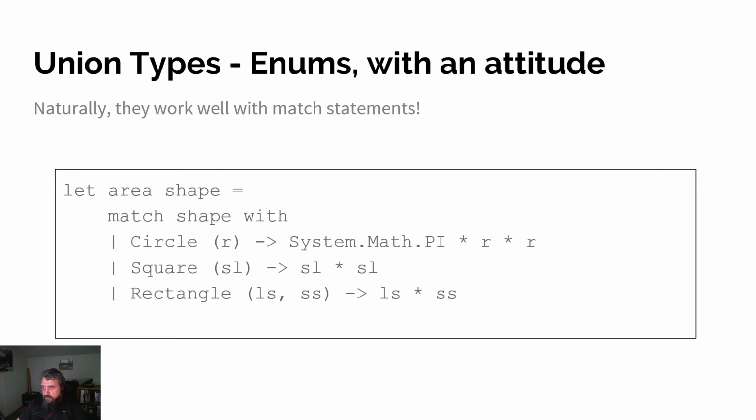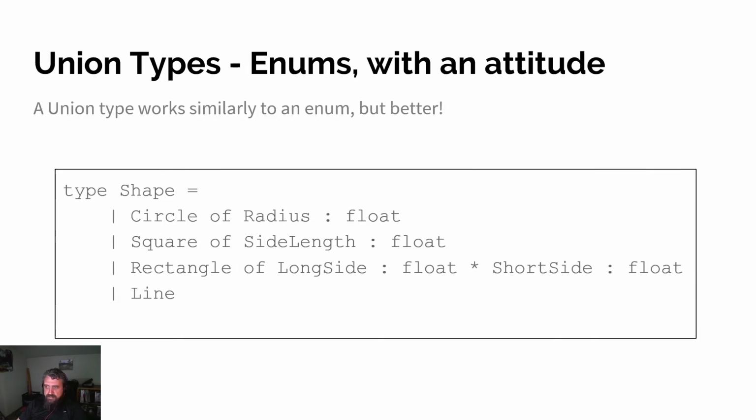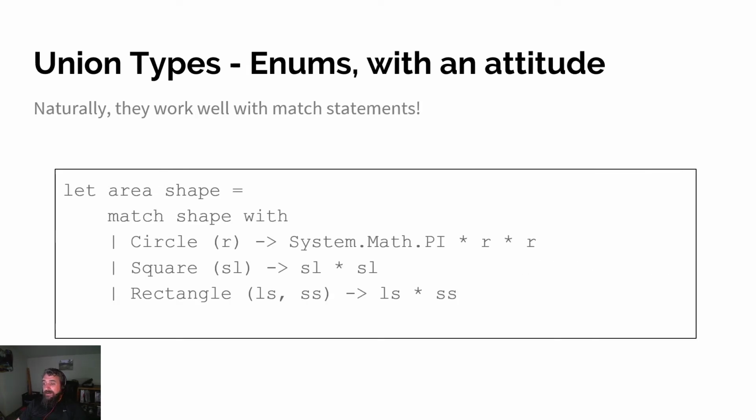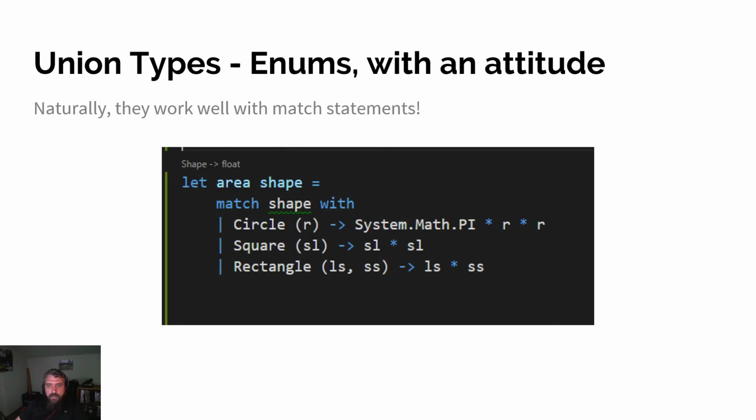Like in this case, circle has an r, which reflects the radius. But square has the side length, so in order to get the area, you just multiply the side lengths together. Rectangle, same thing, long side times short side. But again, that simple pattern matching is so damn awesome.